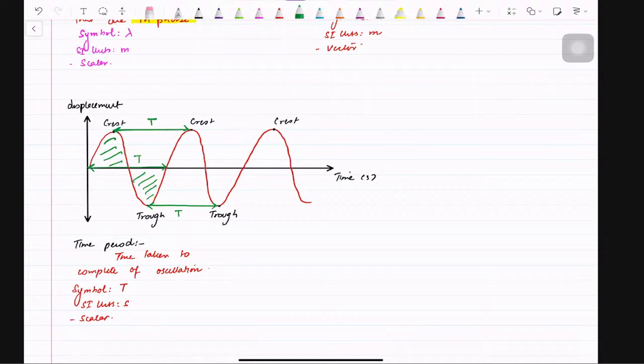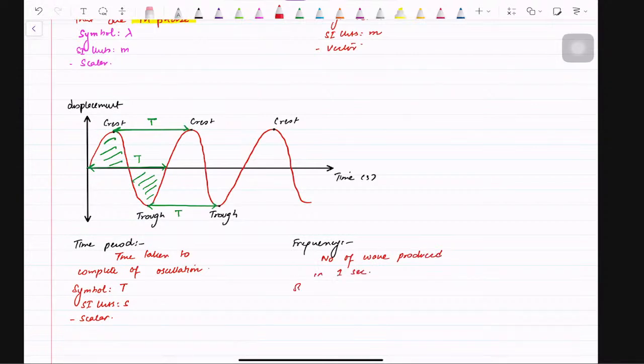Now, once you've done with the time period, then you can find the frequency. And frequency can be defined as number of waves produced in 1 second.